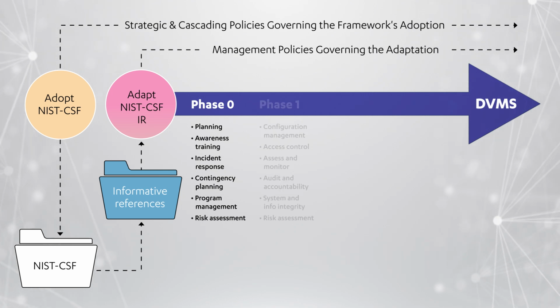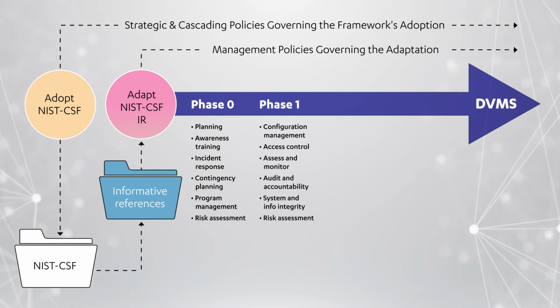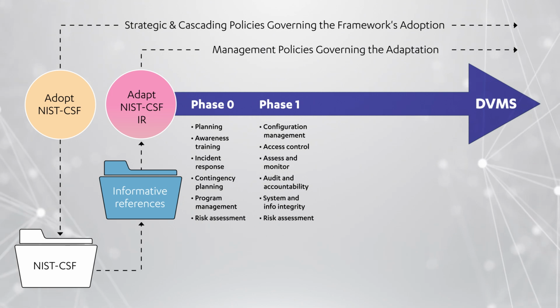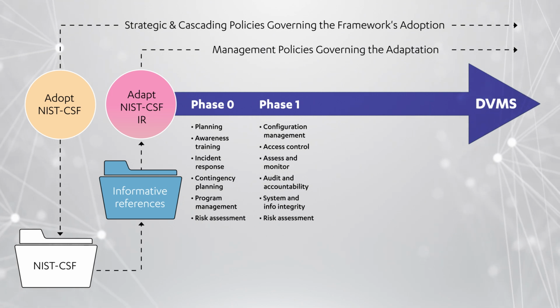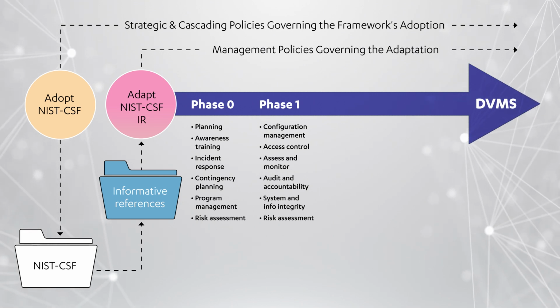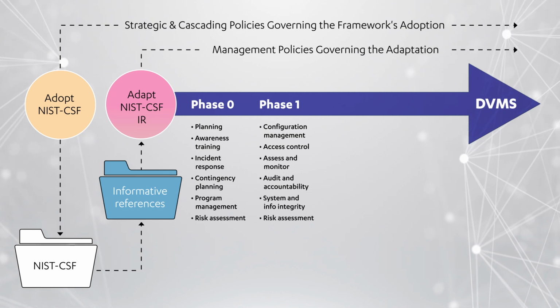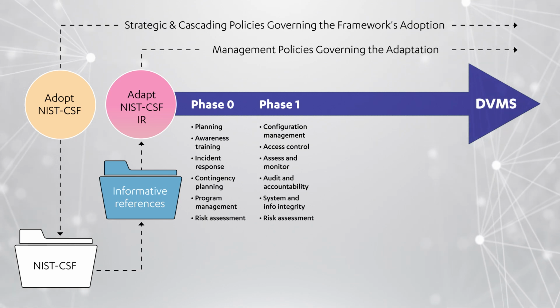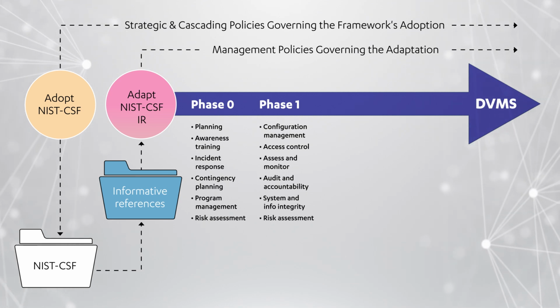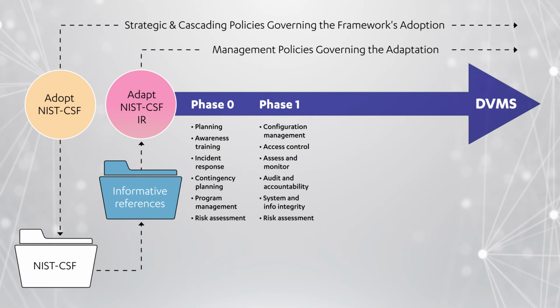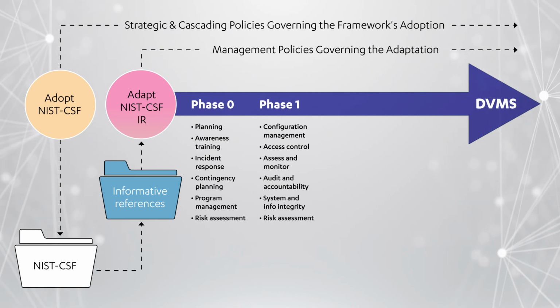In phase 1, we expand on our phase 0 capabilities. Notice again that risk assessment shows up again in phase 1, but here focusing on some different control families within that overall part of the NIST 853 control structure.